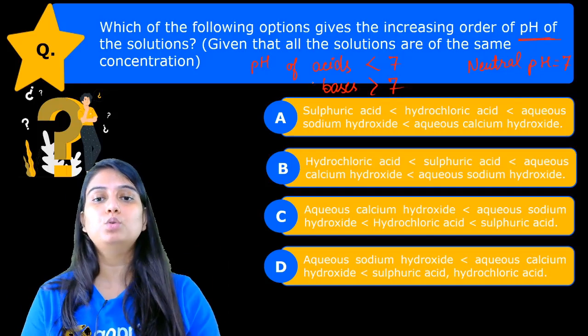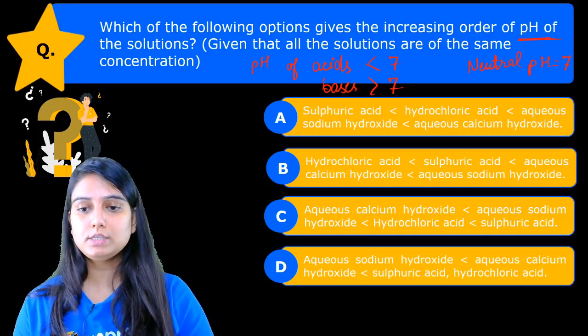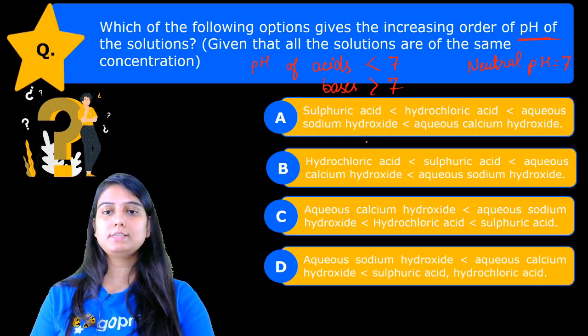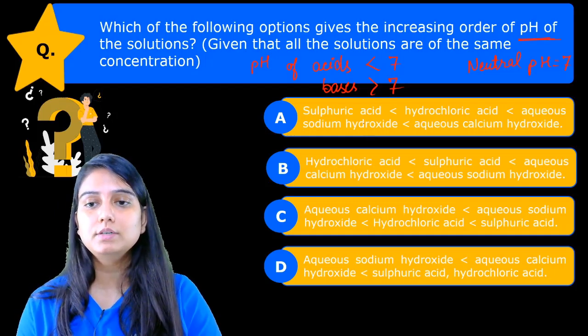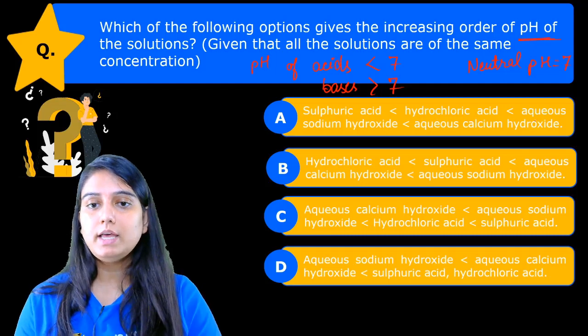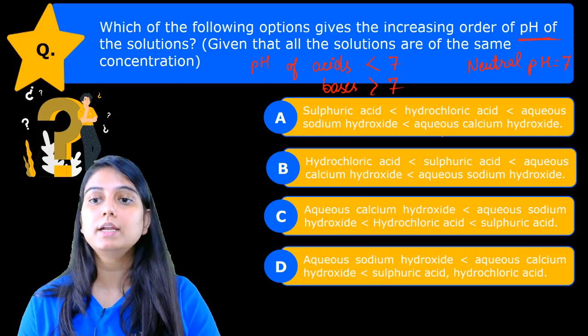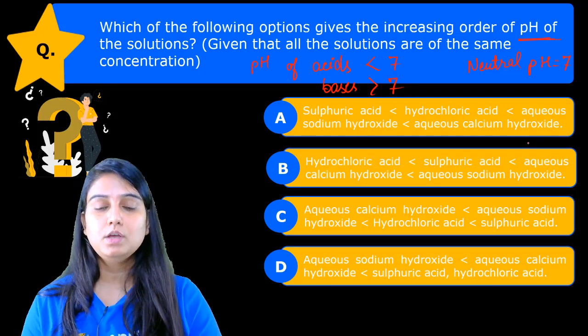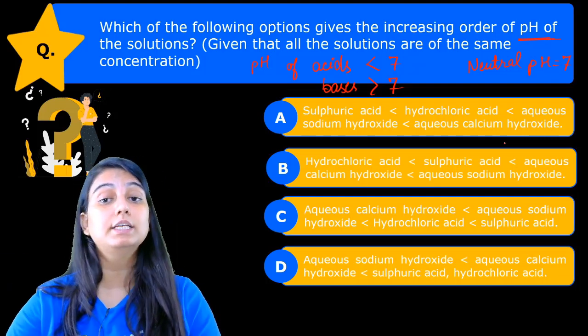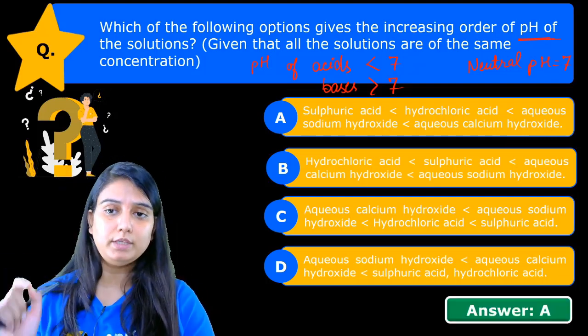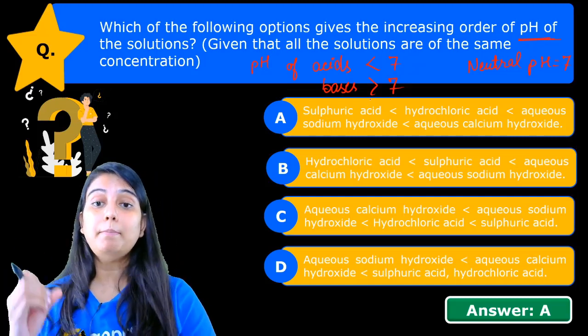Okay, now we have 4 solutions with us. The very first is sulfuric acid, then hydrochloric acid, aqueous sodium hydroxide and aqueous calcium hydroxide. Look, children, the pH of sulfuric acid is the lowest, right? That is also called battery acid.